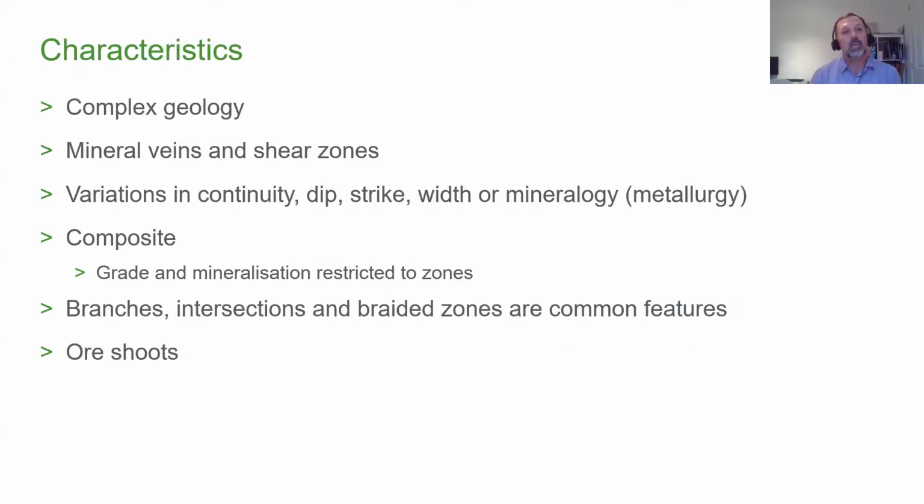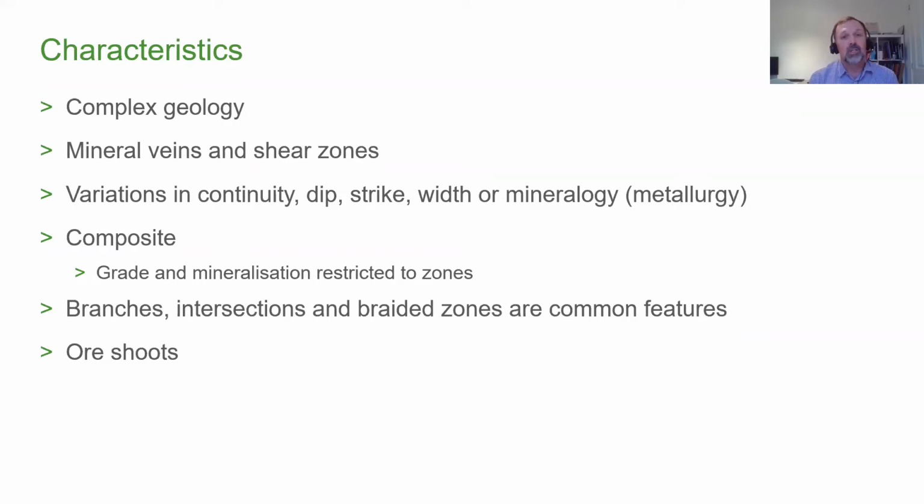Right. So if we take a look at the characteristics of narrow vein geology, generally, the problem for the geologists is that there's complex geology, the mineral veins and shear zones that are being exploited or look to be exploited.